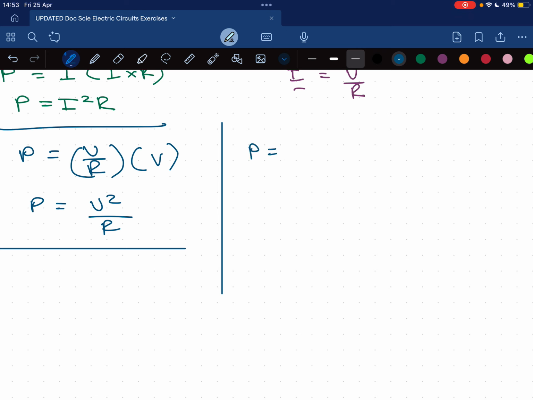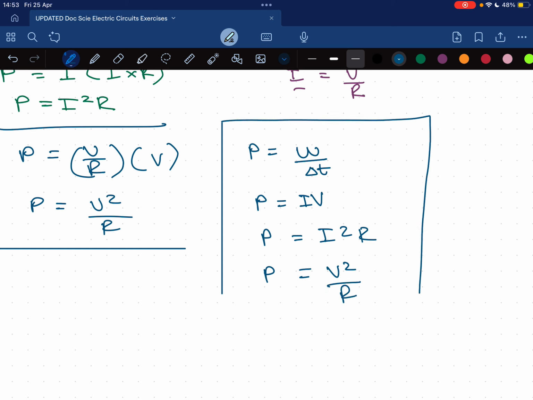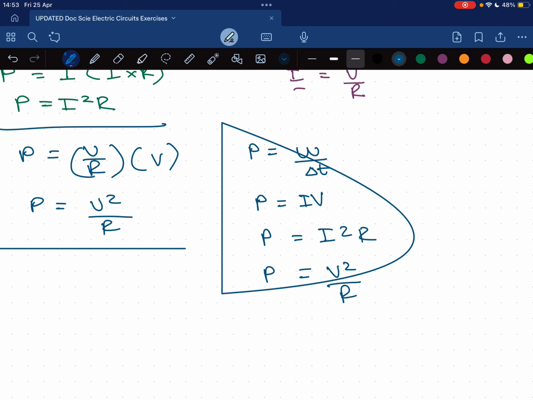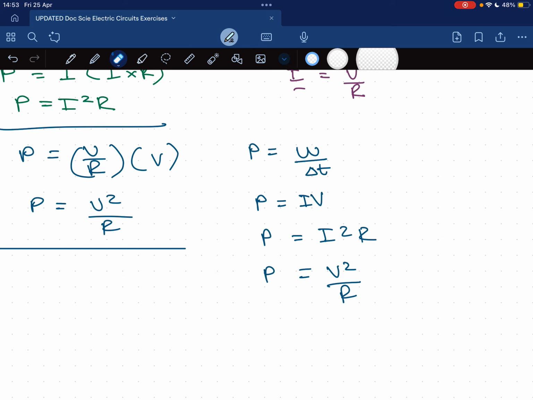Power is equal to the work over delta T. Power is equal to I times V. Power is equal to I squared times R. And power is equal to V squared over R. Okay, like I said, you don't necessarily have to know exactly where they come from. It's just to show you that these equations actually aren't anything new. It's not four different equations. It's just equations that we are building onto one another the entire time.